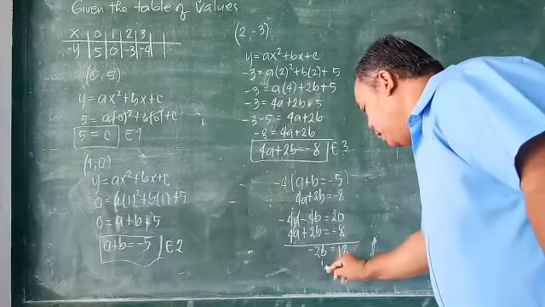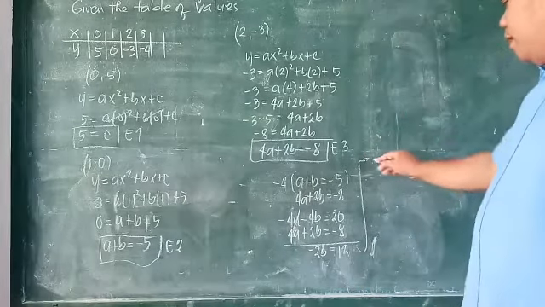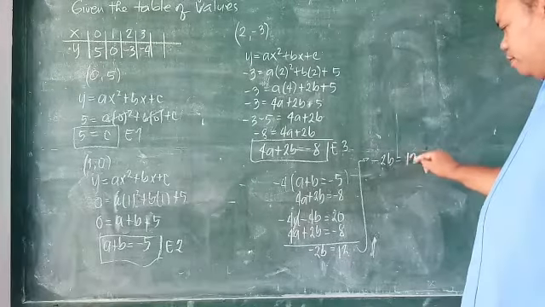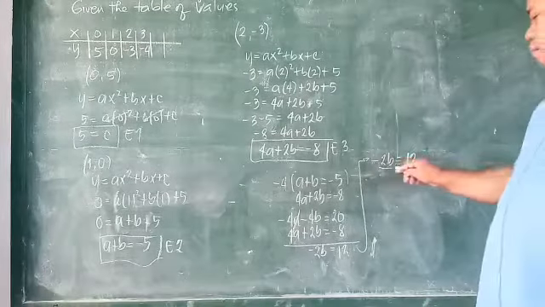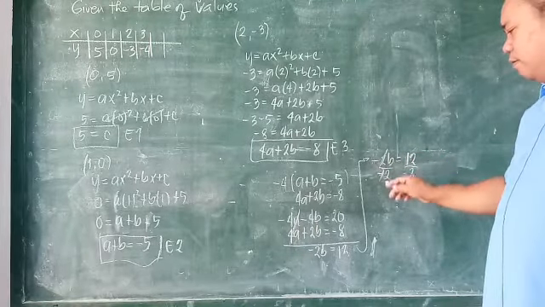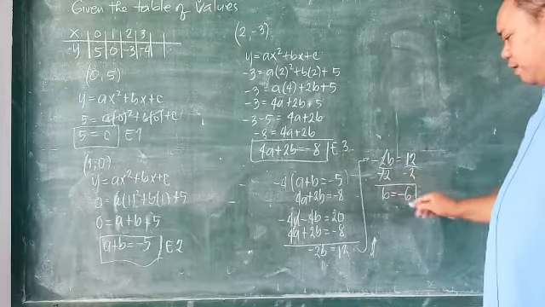So for the value of b, we divide both sides by negative 2: negative 2b equals 12, so b equals negative 6. So that's for b.